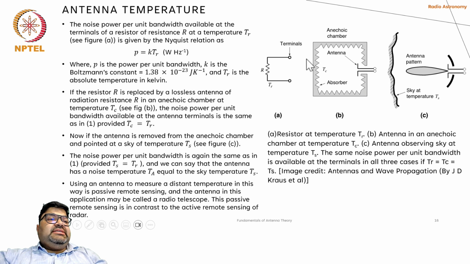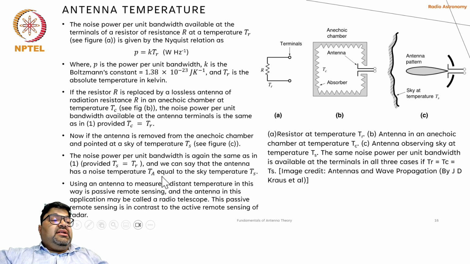Similarly, if we replace the anechoic chamber with the sky at a temperature of Ts, again the same noise power will be available at the terminals of this lossless antenna, provided Ts is equal to Tr.